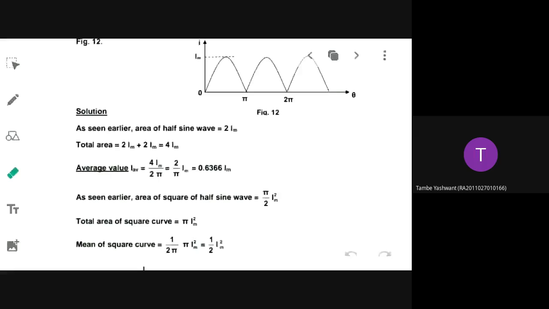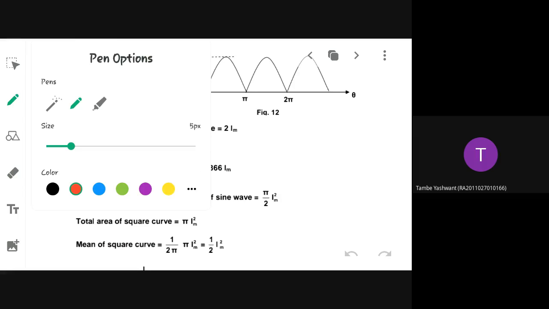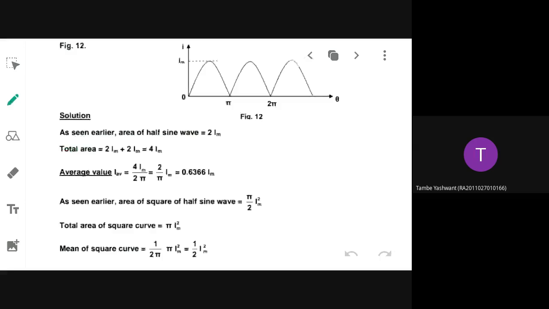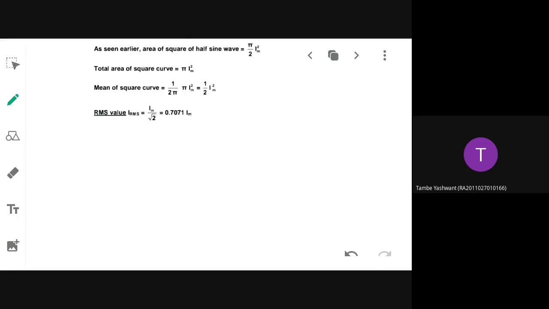What is the answer that you are getting for average? I'll just write out the formula alone. Average value.